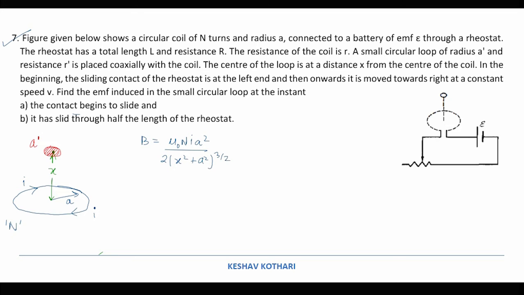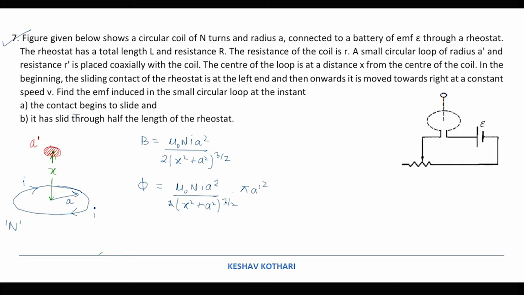So this is the value of magnetic field due to this current carrying circular coil at a distance x, and hence the flux through the small coil can be written as mu naught N i a square upon twice of (x square plus a square) to the power 3 by 2 times of pi a dash square.